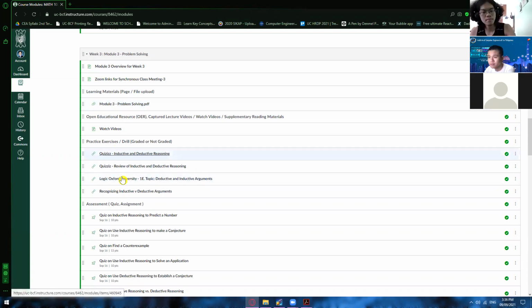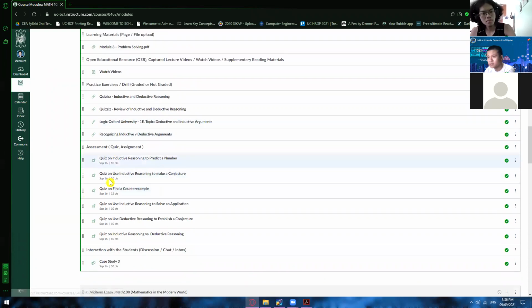And of course, I have also prepared here four outside links. Two came from quizzes, and the other two, I think, are also helpful when it comes to understanding what is inductive, deductive, and counterexamples. And as usual, I know that you guys have already seen these activities right here.